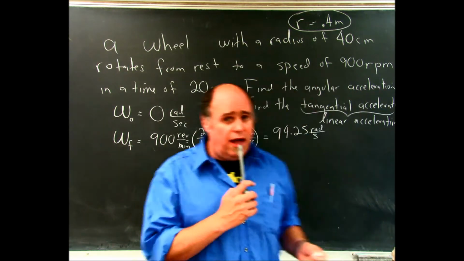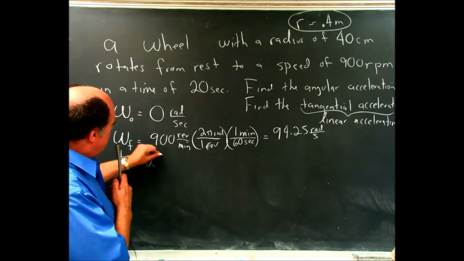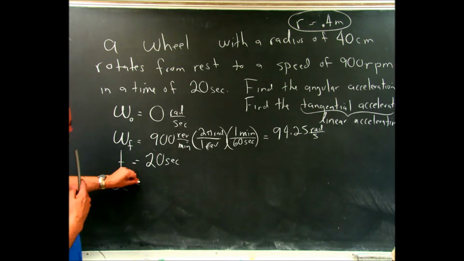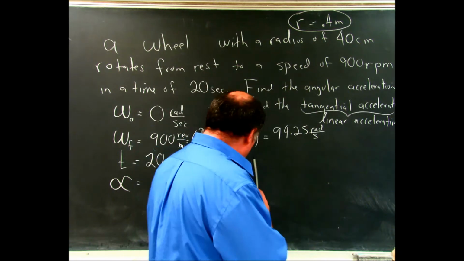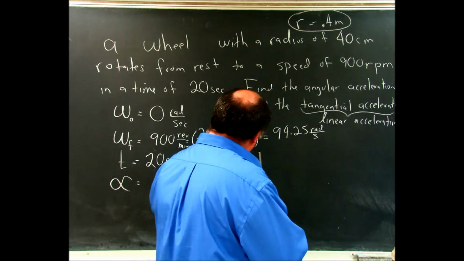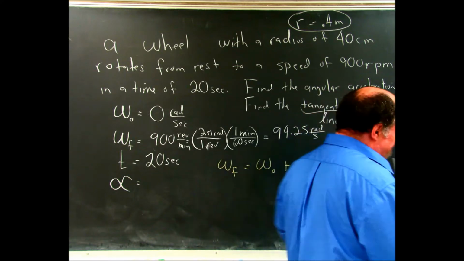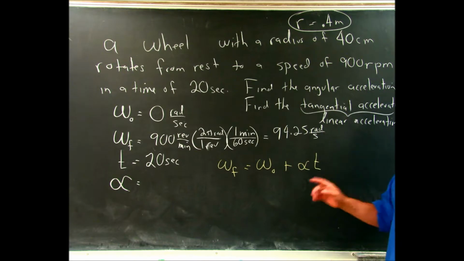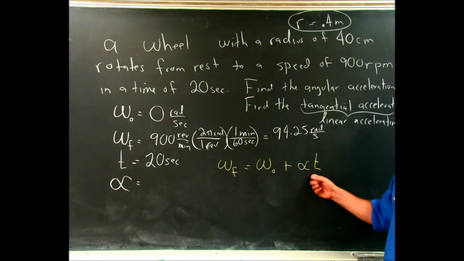94.25, and it's radians per second. Another given was the time. They told us the time here was 20 seconds. Then we're looking for the angular acceleration, which is this letter here, alpha. So I'd use this formula: omega final equals omega initial plus alpha t. It's the same type of formula we did in Chapter 2, where a final velocity equals an initial velocity plus an acceleration times a time.